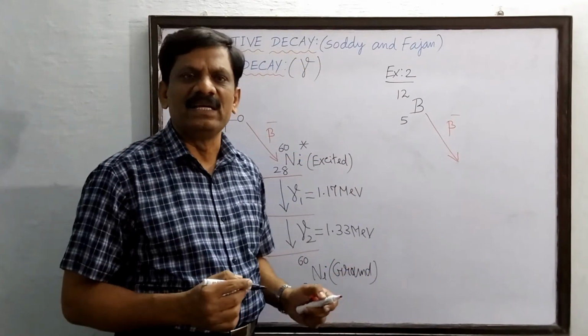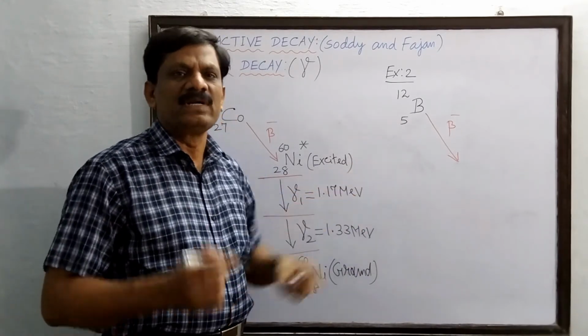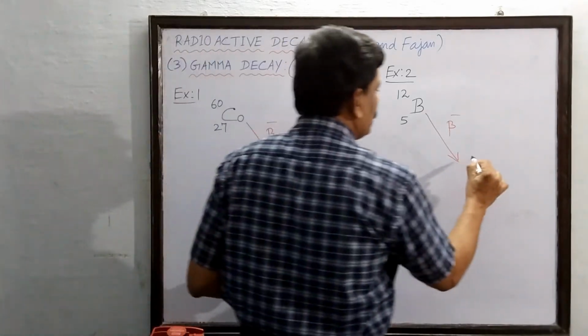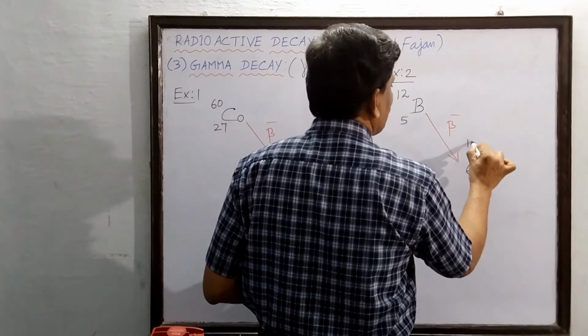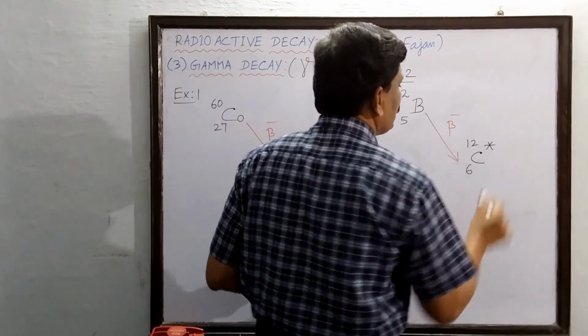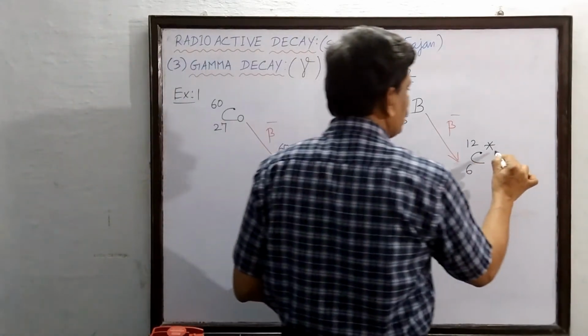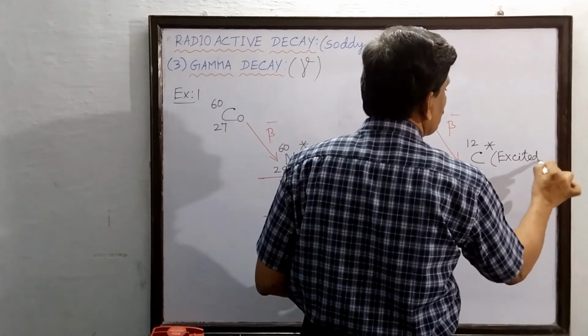We have already studied: charge number increases by 1, which means 5 becomes 6. The element having atomic number 6 is carbon. So this carbon is formed, the charge number is 6 and the mass number does not change, and this star mark indicates that it is in the excited state. So now this carbon is in the excited state.